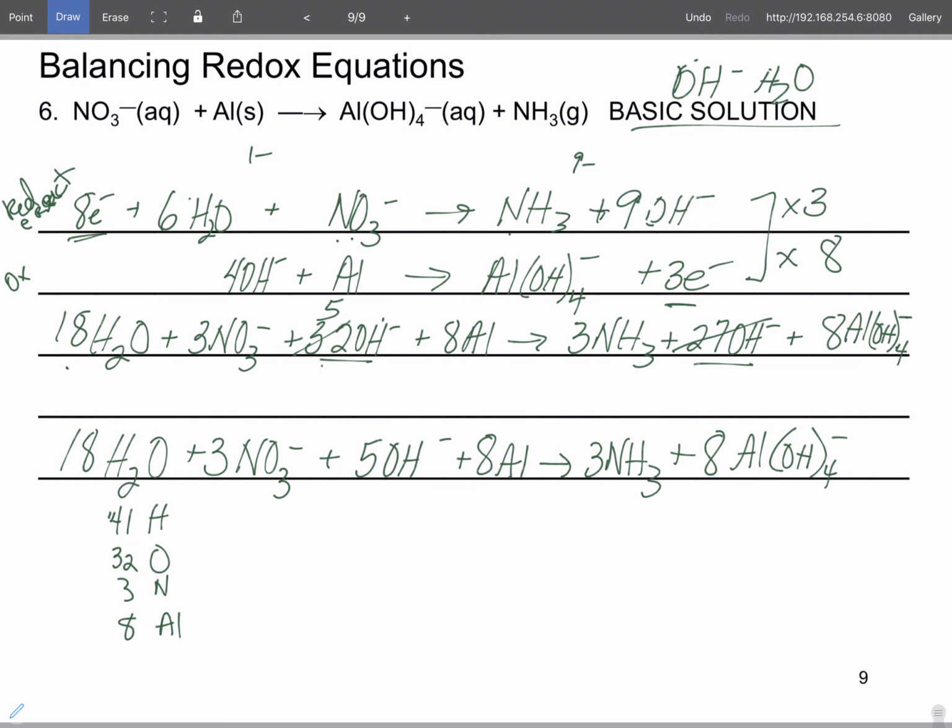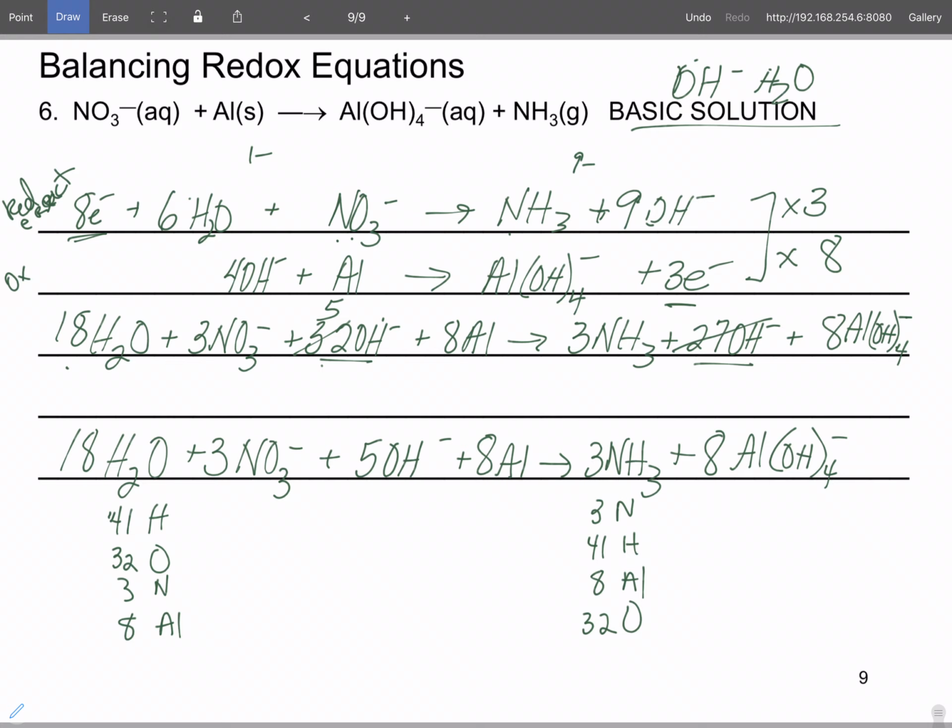Over here, I have 3 nitrogens. I have 9 hydrogens here, and 4 times 8 is 32. 41 hydrogens. Okay, I have 8 aluminums and 32 oxygens. So if I look, I'm good, so I'm matched on that side.